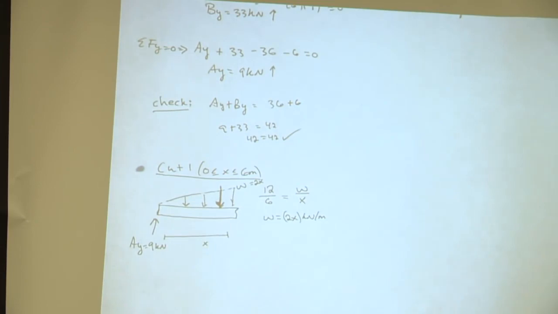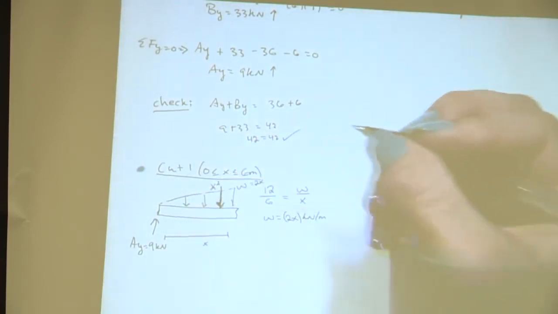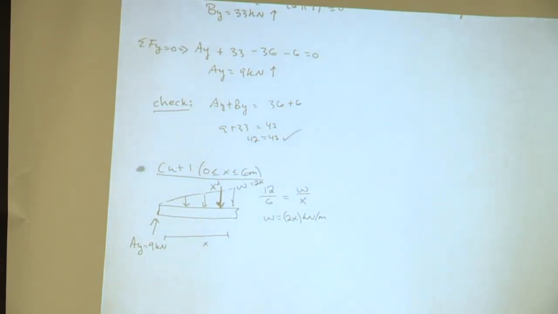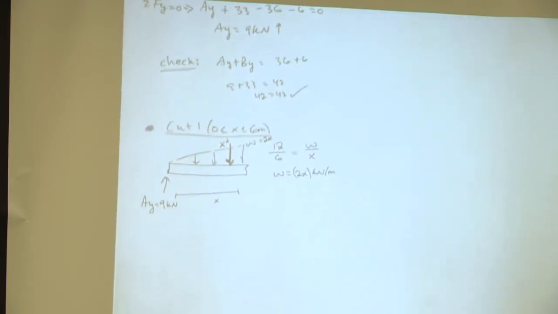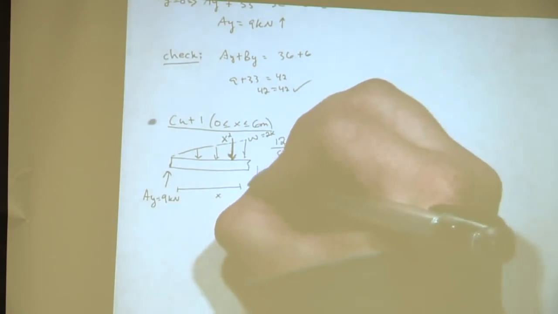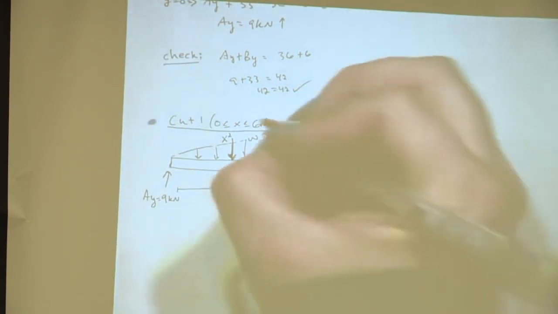A triangle, so divided by 2. So 1/2 of x times 2x gives us x squared. Is there anything else we need to include? Shear and moment. Shear is positive going down. And moment is counterclockwise.